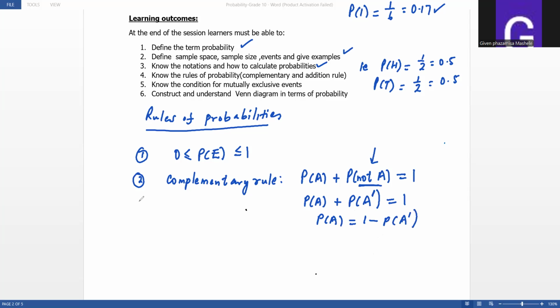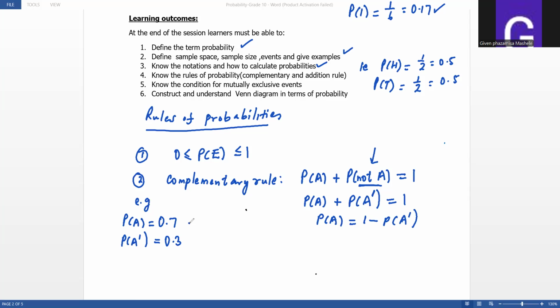For example, let's say we are told that the probability of A is 0.7. What would be the probability of not A if you want to use the complementary rule? Obviously, the probability of not A will be 0.3, because 0.7 plus 0.3 adds up to 1.